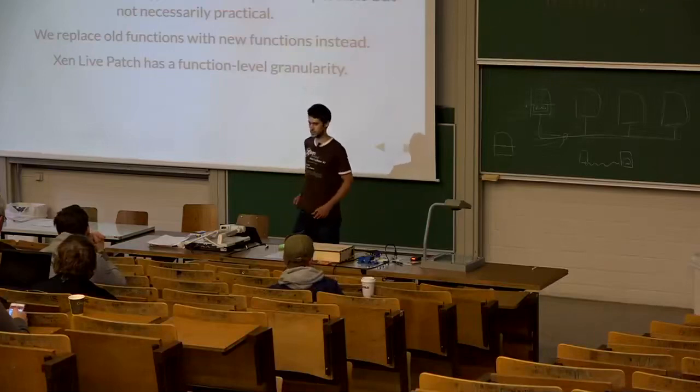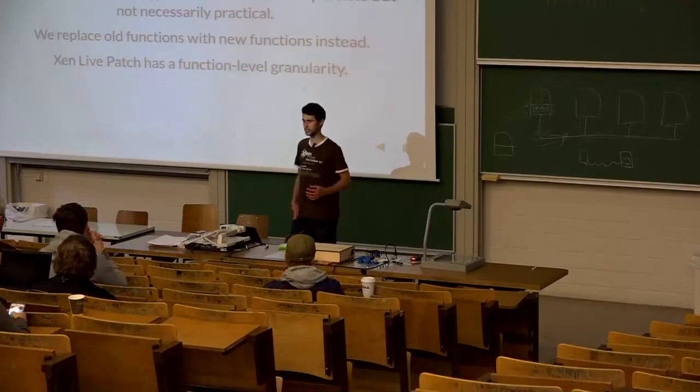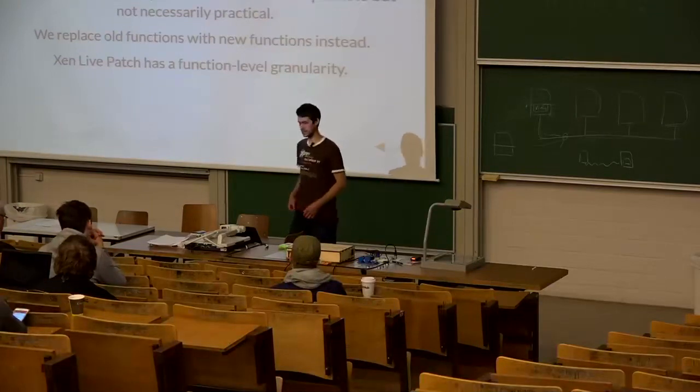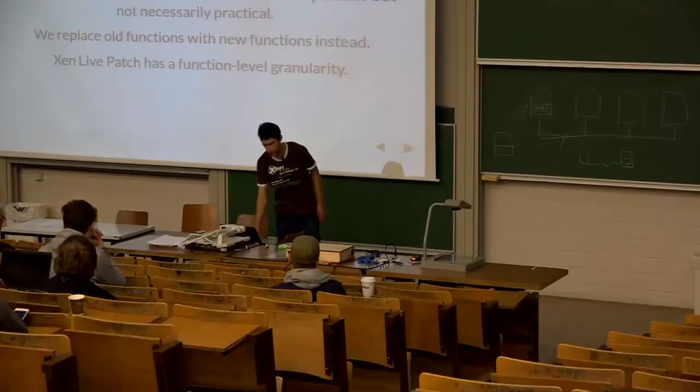So the approach we take is to insert a trampoline into the old function, which then allows you to jump from the old function to the new function, which is like a replacement function. So it means that the live patching that we have is of function-level granularity, so the smallest thing we can patch is a function. This is just like Linux live patching.